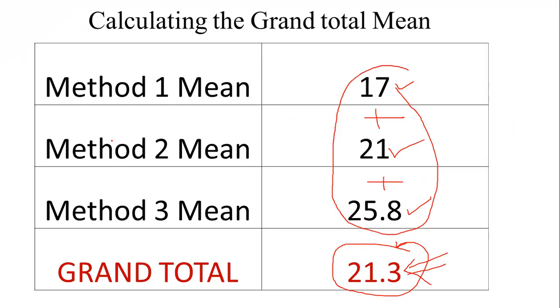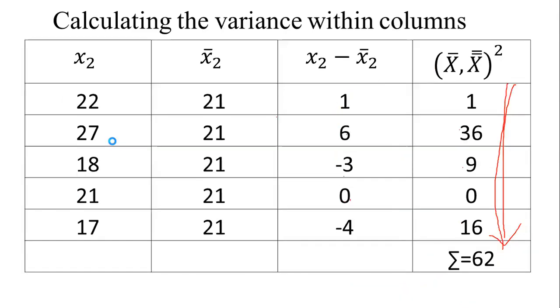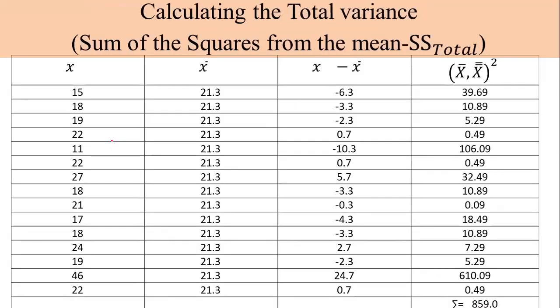We took the mean for the first method, the second method, and the third method, added them together and divided by 3. So this mean is what we are subtracting from every data in the group. And when you get the data from the group, you subtract and you also square.